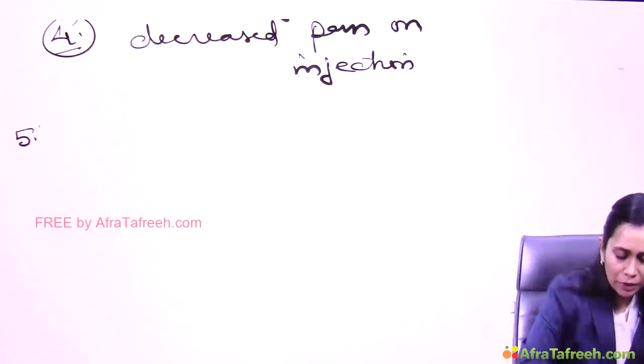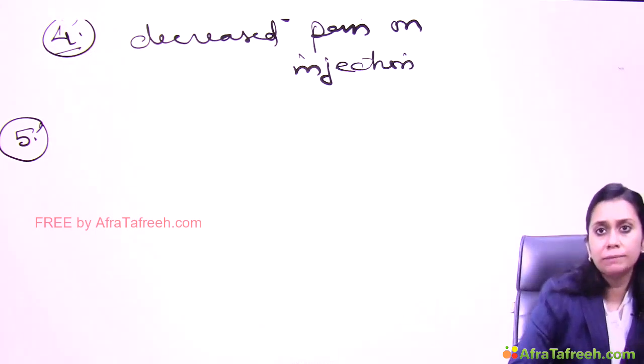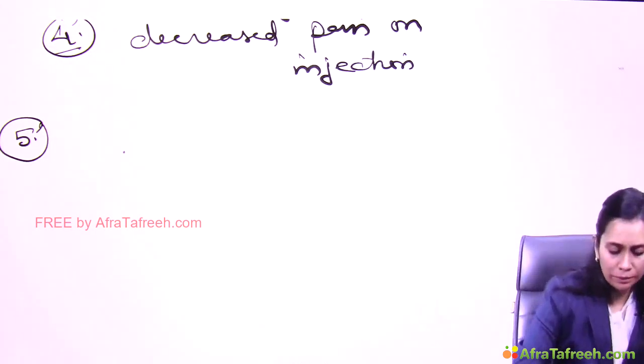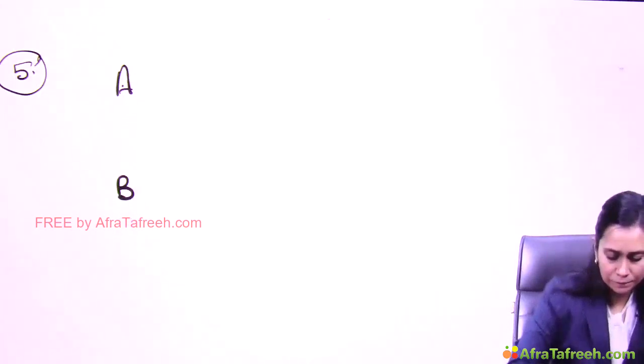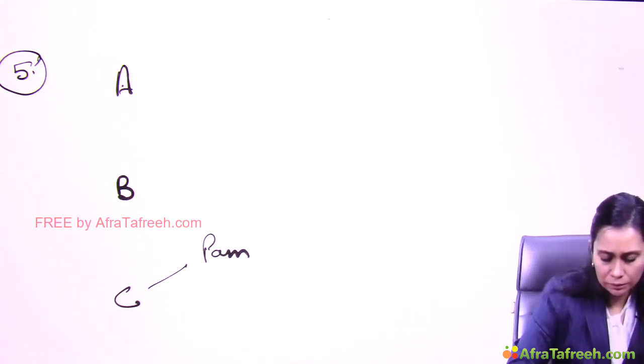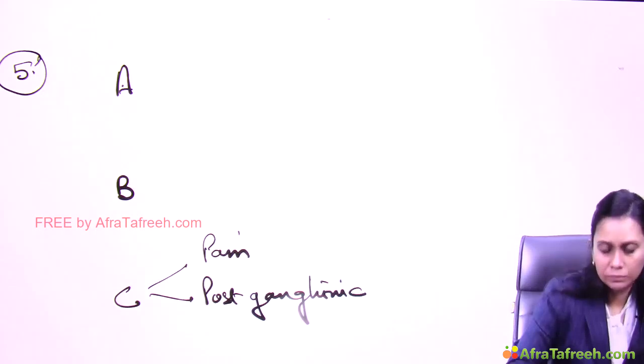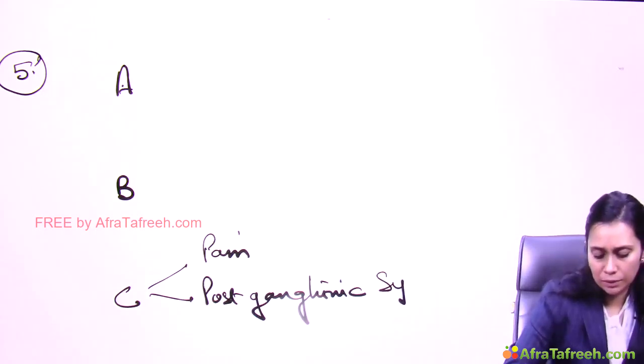Now, fifth point. There are how many types of nerve fibers? Grossly, the nerve fibers are of three types: A, B, and C. C carries pain and post-ganglionic sympathetic fibers. Sympathetic fibers.